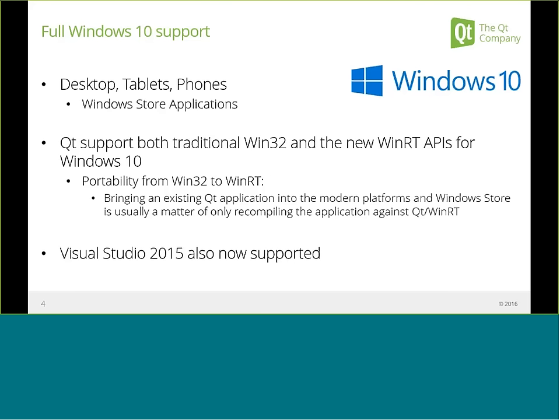So what this means is that if you have an older Qt application that you've compiled using Qt for Windows 32, now if you want to move to the modern offering, which would then allow you to deploy your application to the Windows Store and have it available for tablets and phones, the only thing you in practice need to do is to recompile the old Qt application against Qt for WinRT.